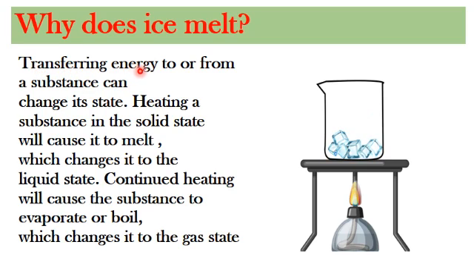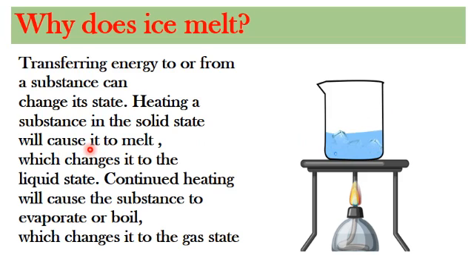Transferring energy to or from a substance, just like ice cubes, can change its state from solid state to liquid and then vapor state. Heating a substance in the solid state, just like an ice cube, you can see here, will cause it to melt.